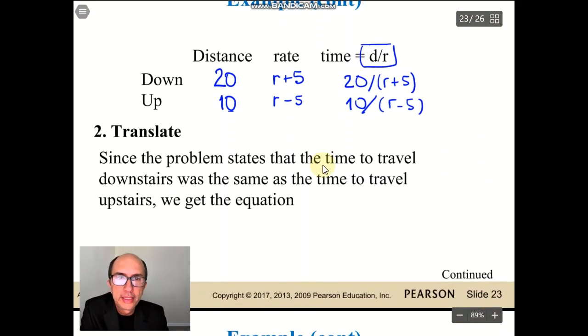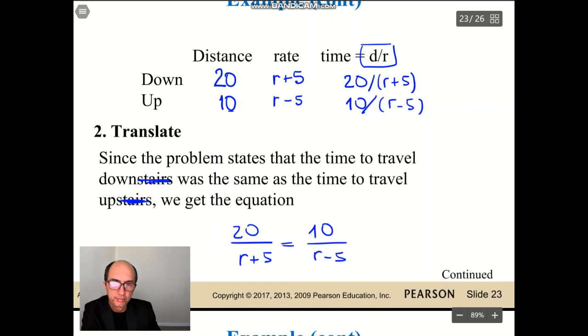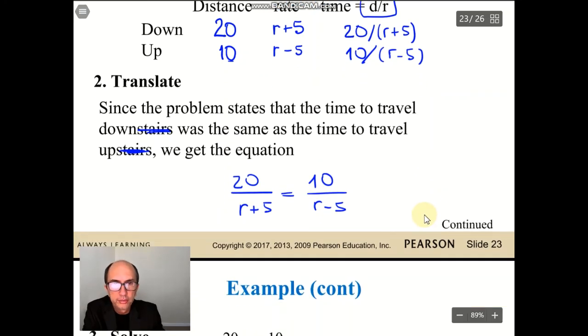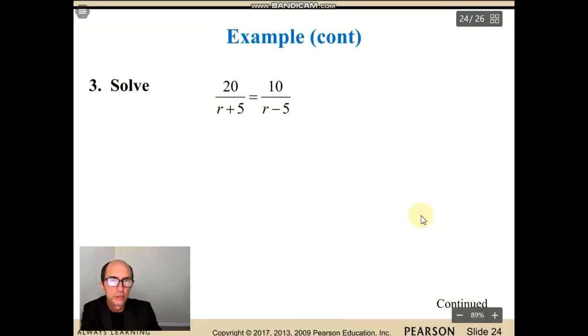The problem states that the time to travel down river was the same as the time to travel up river. Then we get the equation 20 over r plus 5 equals 10 over r minus 5. Now we need to solve it.